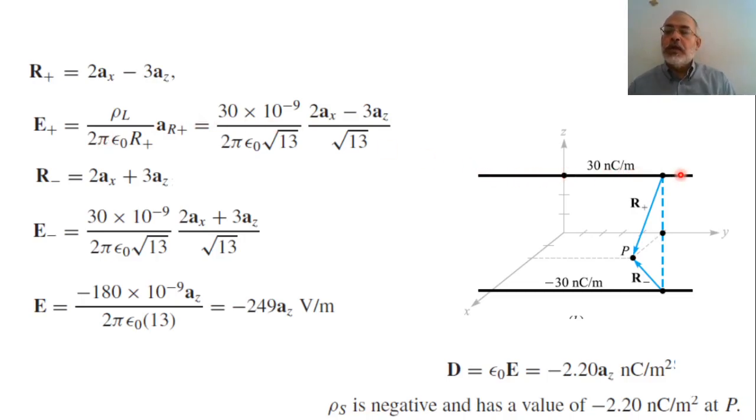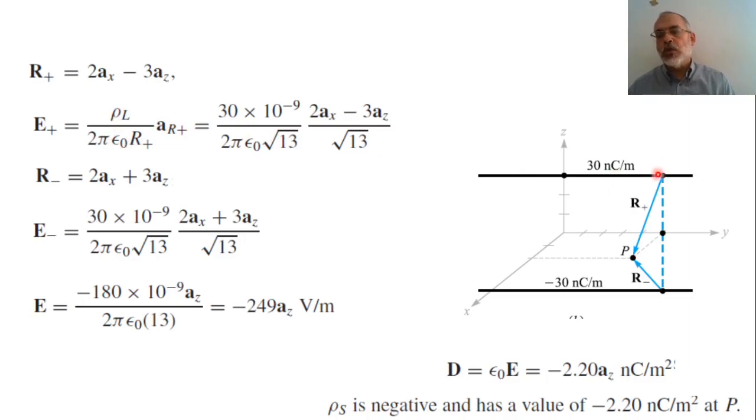Here we have an infinite line charge, and the distance from this line charge to the observation point is assumed to be r plus. The electric field in this case would be rho L over 2 pi epsilon r plus, in the direction of r plus, which is rho L over 2 pi epsilon rho in the direction of rho.